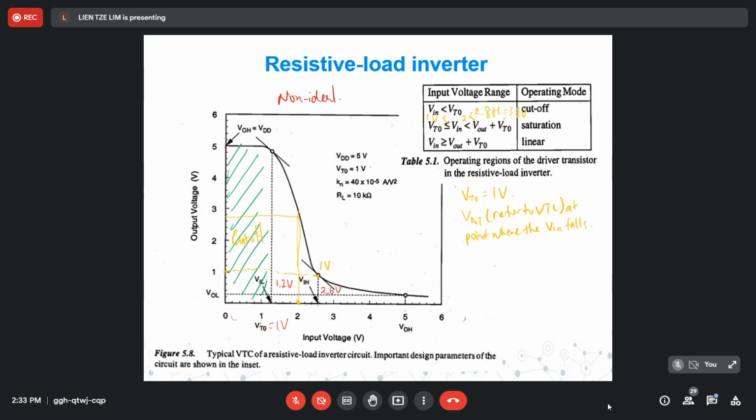You see that the input voltage at 2 is between the threshold voltage and V out plus VTO, which here is 3.8. How to get the V out is based on the VTC, where I get the V out here.